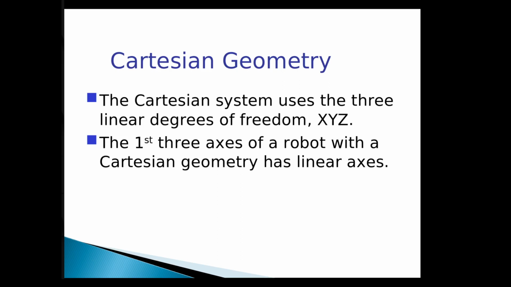All right, so the Cartesian system uses 3 linear degrees of freedom, X, Y, Z. When we, in general, as people, think about space, we think about a rectangular space having an X direction, a Y direction, and a Z direction.